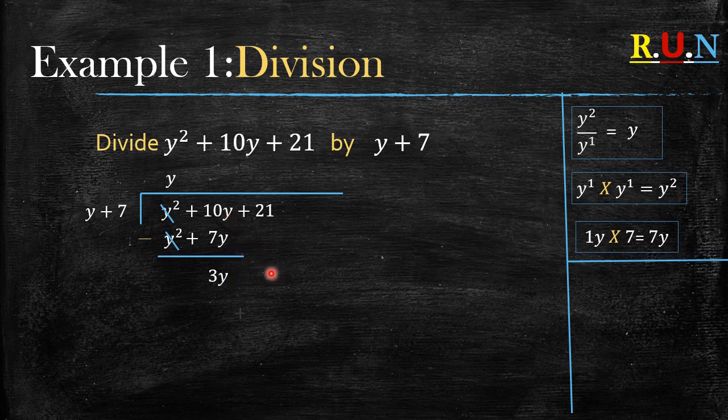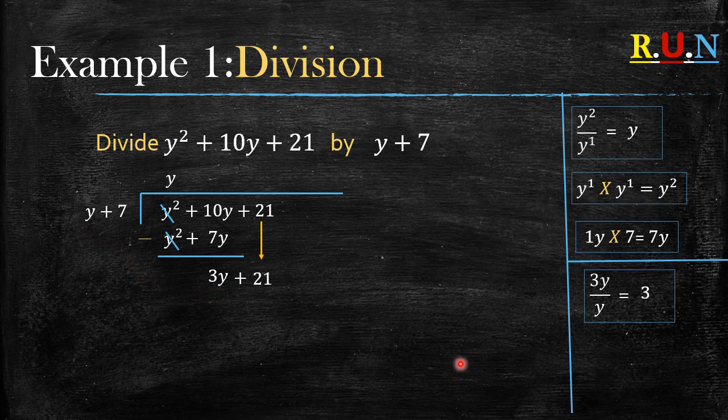Okay, so what do we do next? We bring this 21 down. And then from here, we start again with what we did with the first term. So we ask ourselves, 3y divided by y equals what?